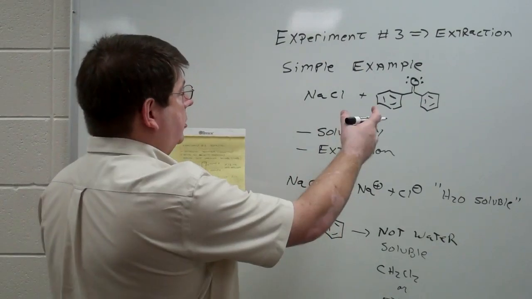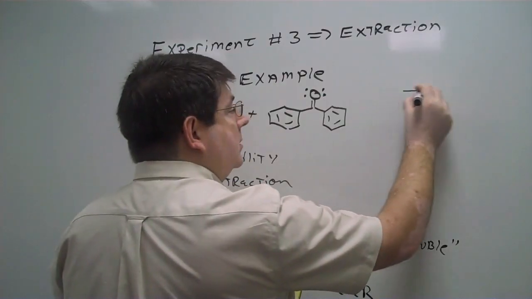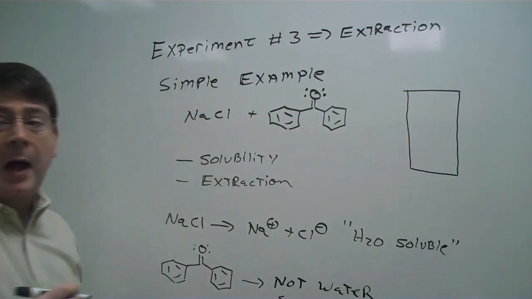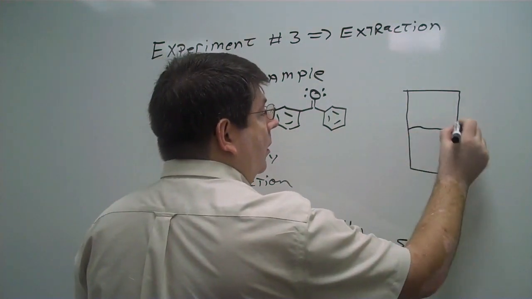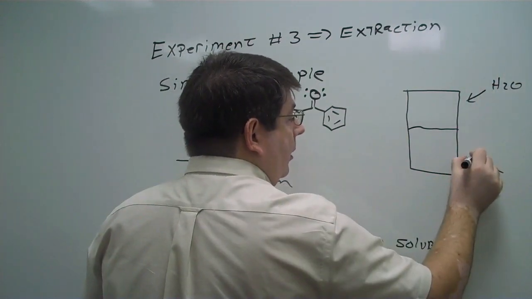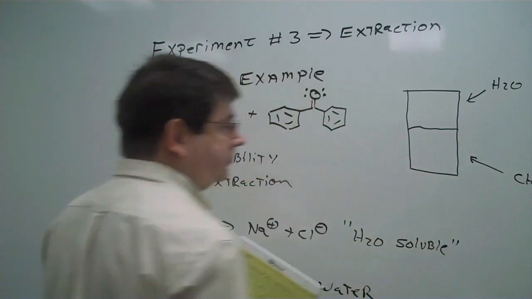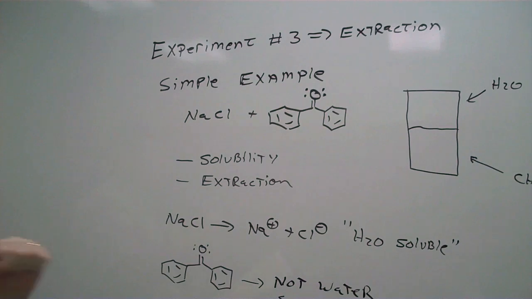So we can take our mixture of our sodium chloride and our benzophenone, we can place it into our separatory funnel, which I'm going to just represent as a box. In that, we have placed water and methylene chloride. We'll use methylene chloride here as our example. And we add our mixture to that and shake it up.